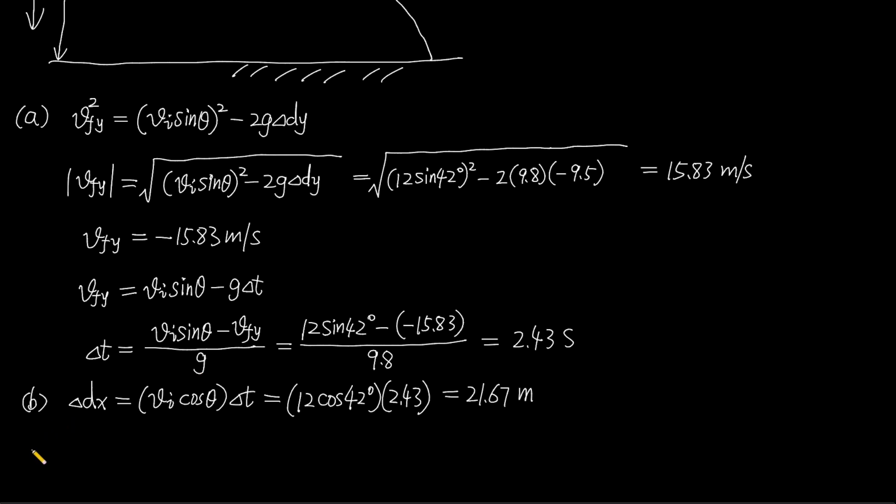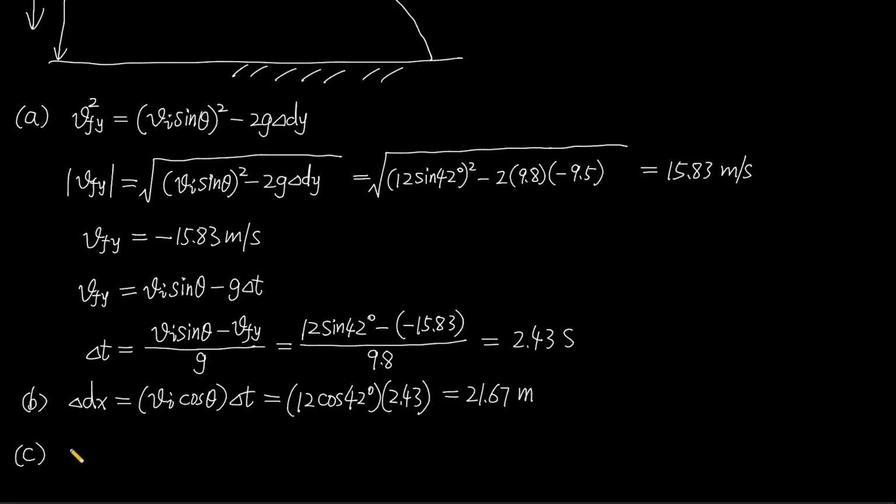Now question C, it asks for the final velocity. So we can find the final horizontal velocity and the final vertical velocity and use them to get the final velocity.